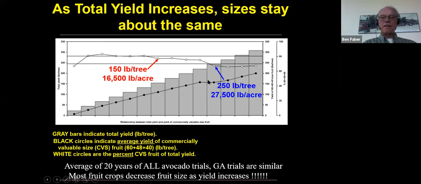And as the increase in yield goes up, these open circles represent the fruit size. And fruit size doesn't seem to change very much as yield increases. And so this was true with the Ga3 trials. Even though the yields were increased, the commercially valuable fruit did not diminish.